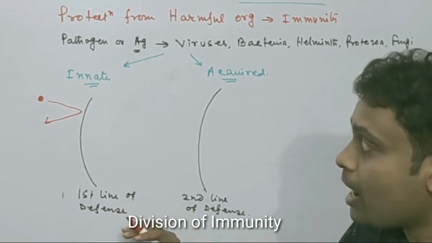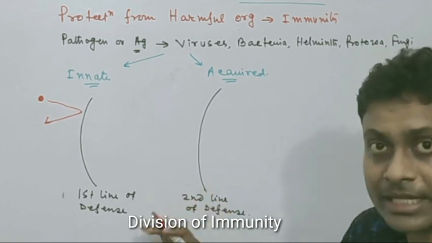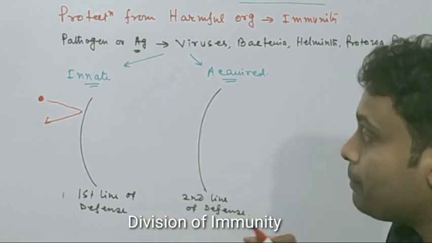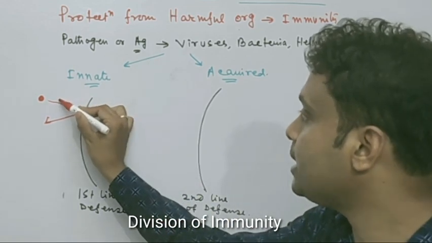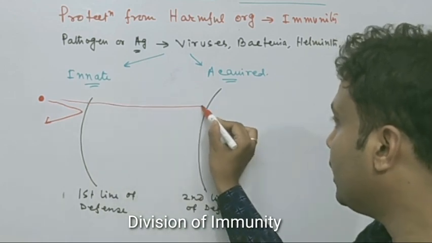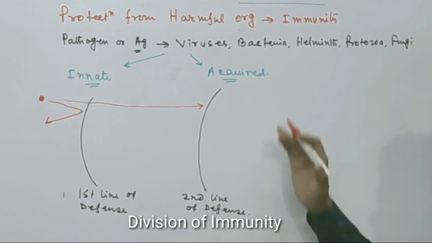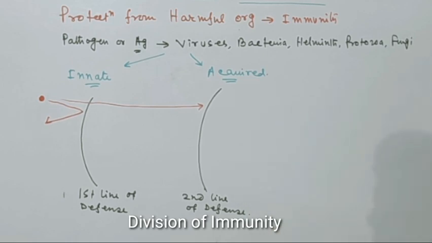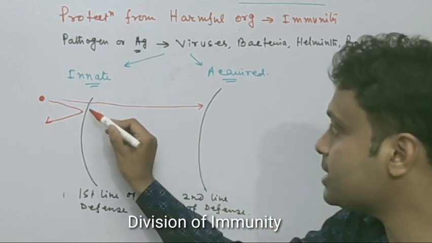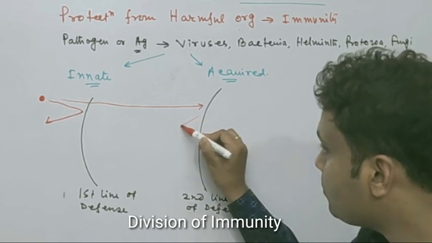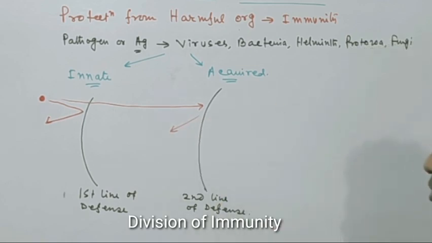I shall tell you how the innate immunity works. But if they cross the innate immunity barrier, they will come in contact with the second line of defense, the acquired immunity. Most of the antigens or pathogens will be killed in this defensive barrier.